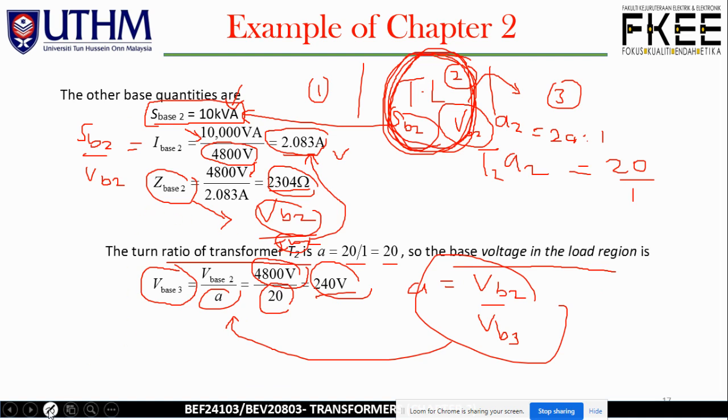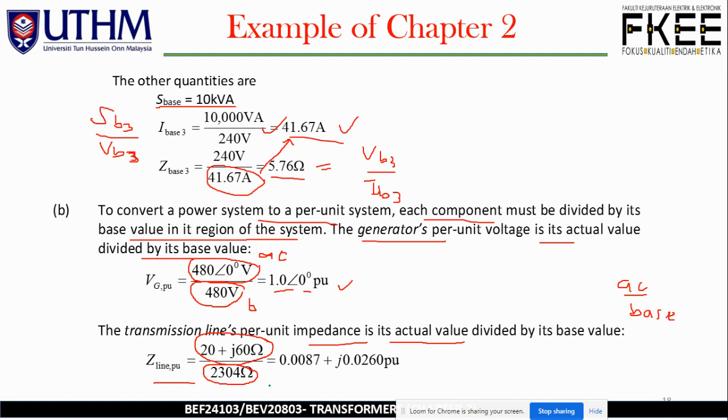Let me pick a different color so we can clearly see the value. So this is the Z base 2. Base 2 means the second region, remember, just now, the transmission line. So Z line PU uses 2304 as the base value of Z, giving Z line PU equal to 0.0087 plus j 0.00260 PU.